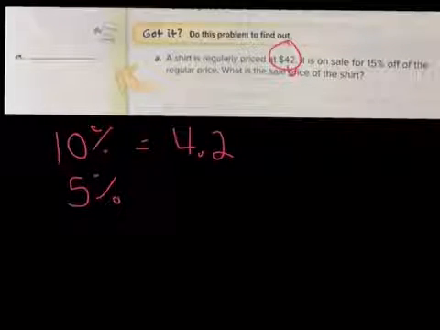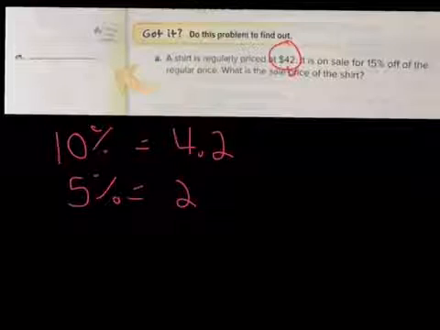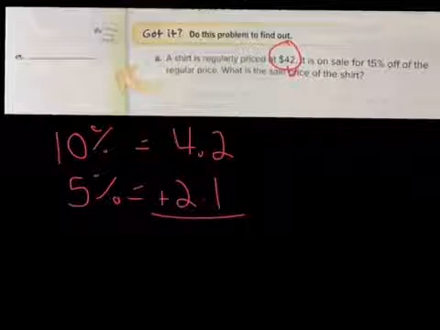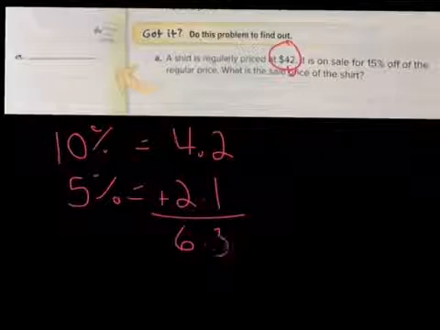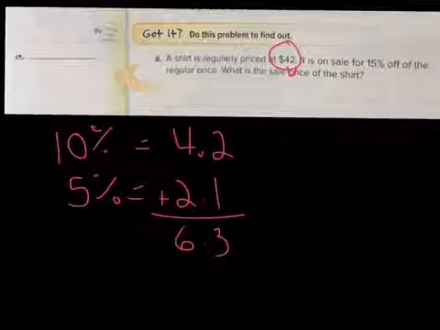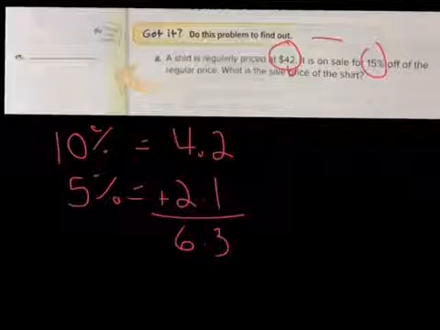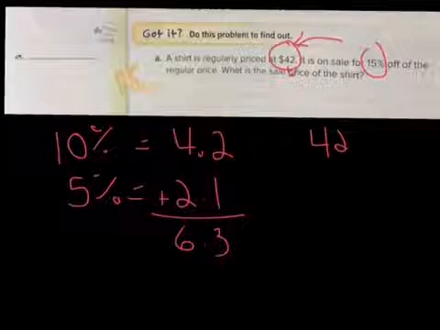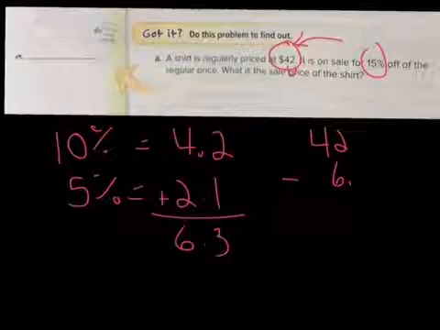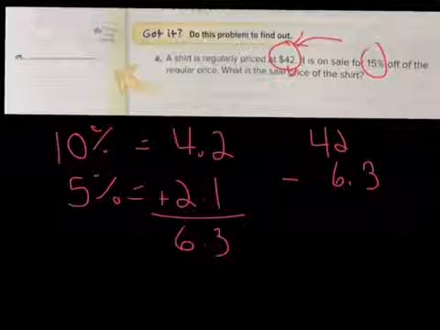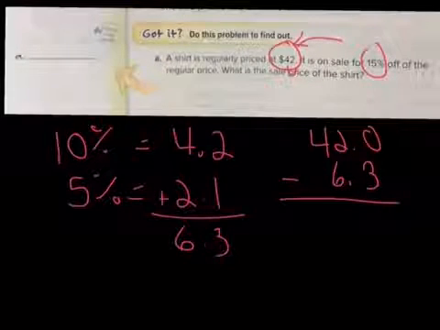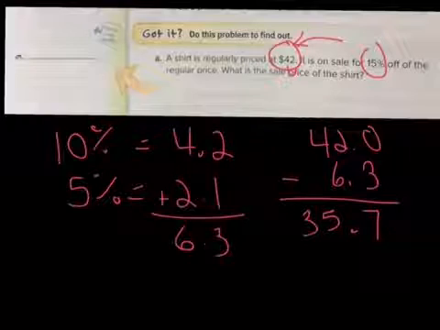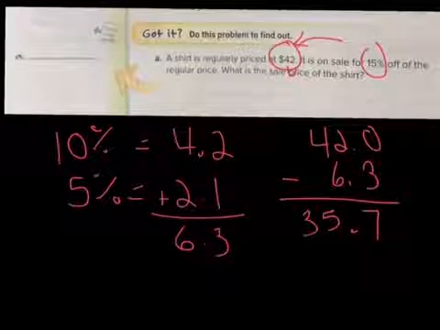And 5% is going to be half of that, so it's going to be 2.1. When you add it up, you get 6 and 3. So $6.30 is 15% of 42. Now we have our 42, and we subtract 6.3 from it. When you do that, you will get 35.7, and that's our new sale price.